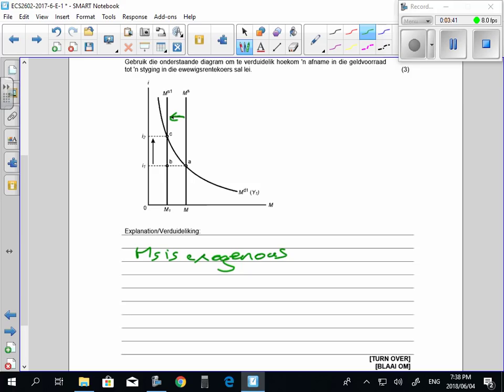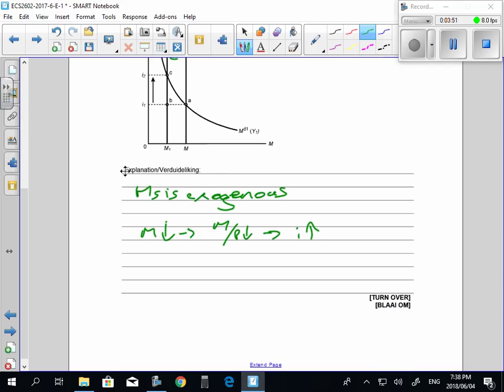But how does it actually work? So, as your money supply decreases, your demand for bonds decreases, price of bonds decrease, interest rate increases.